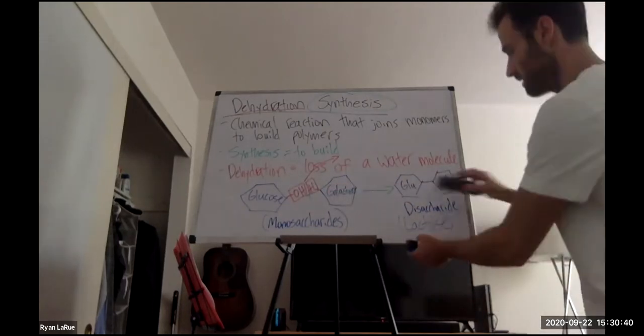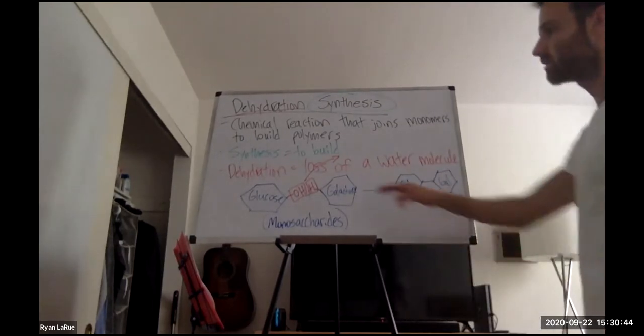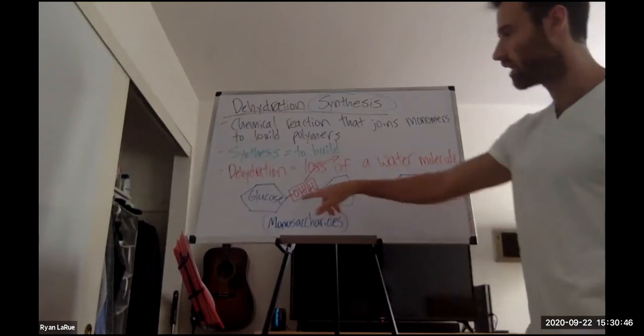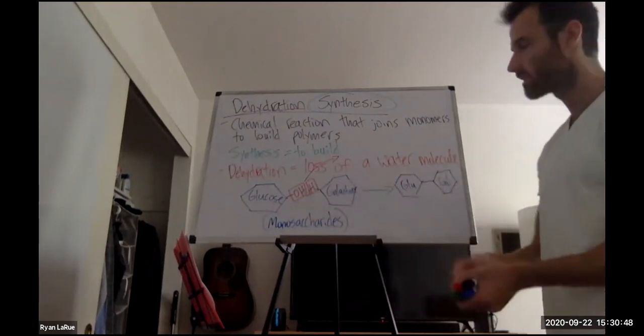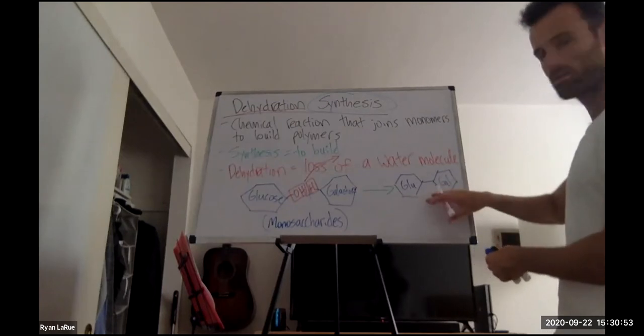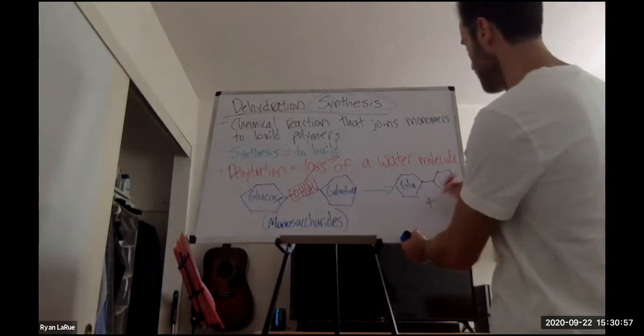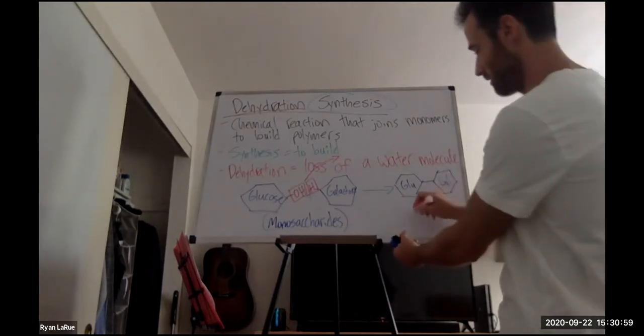So I'm just going to erase this, but because the water leaves when the two monomers here join together, we also have to include on our other side of the reaction here, our product side, plus water.